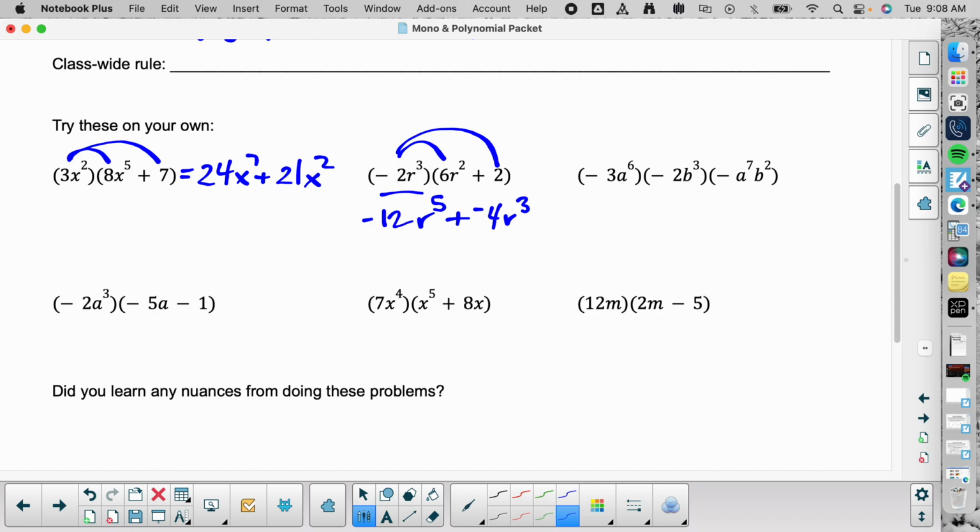Brody, help me with this third example, which up here probably is gonna be the toughest one out of this 6. Possibly. You multiply the 3 times the 2. Okay. Yeah. Done?